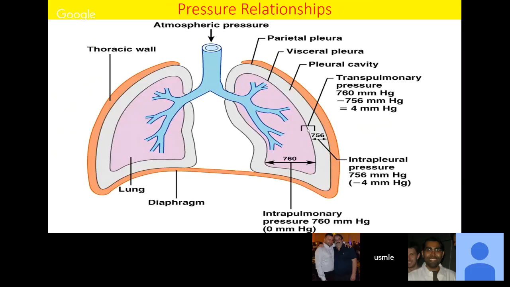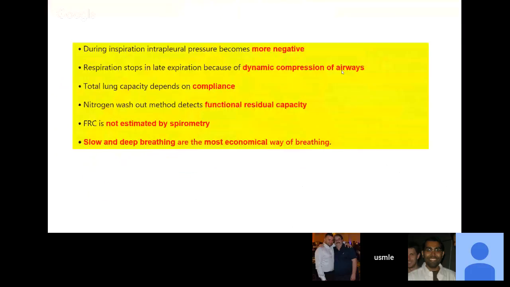So 760 minus 756 is around 4 millimeters of mercury. Inside it, you're going to have a differentiation that is always negative, to allow it to expand and collapse. So these are values that you need to know and understand.